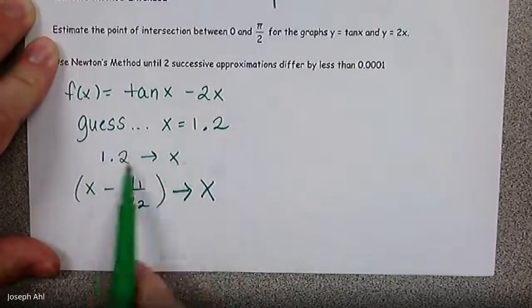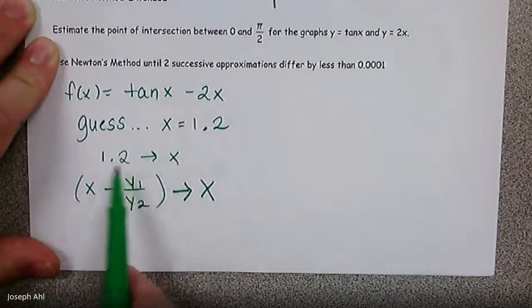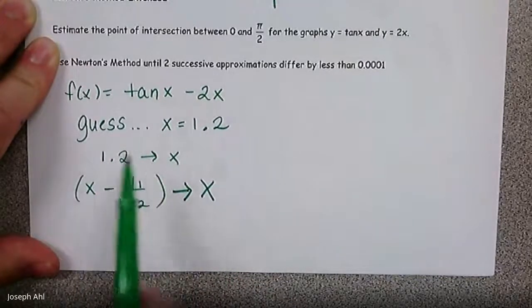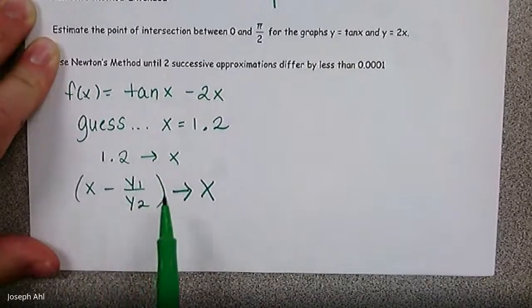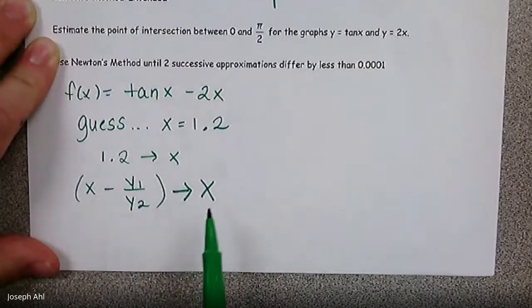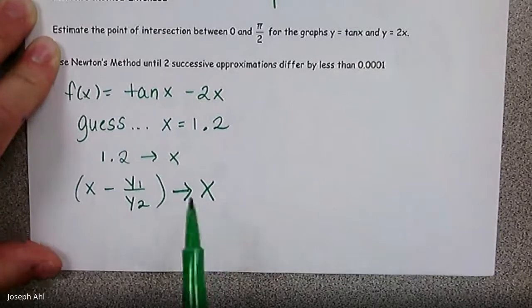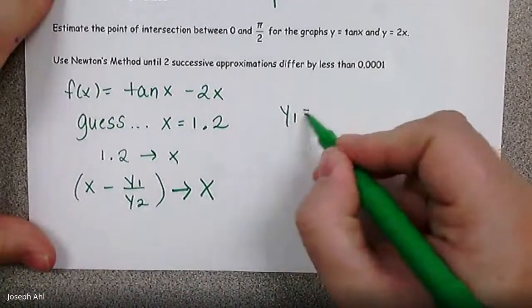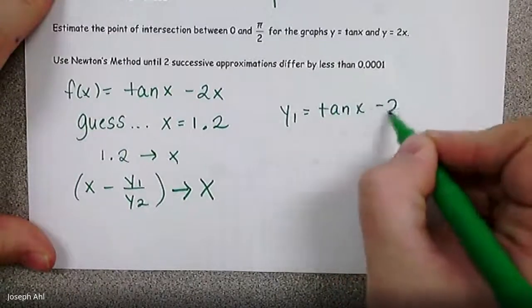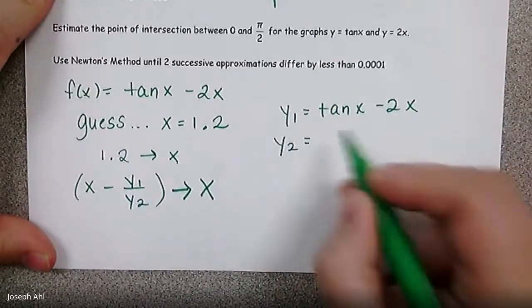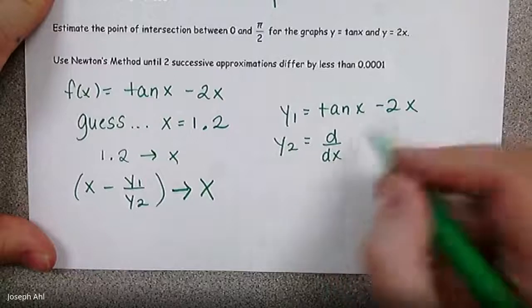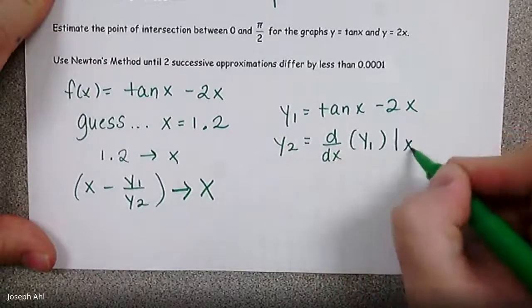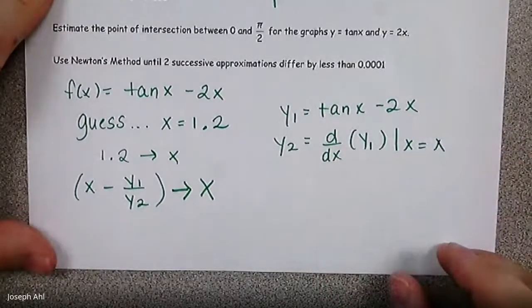So if you do this initial store function of your initial guess, you can then take each of these calculations that we were doing, store those in x, and I'll show you how the calculator steps get much, much easier. But remember, in y1 you're typing in tan x minus 2x. In y2, you need the derivative with respect to x of y1 at x equals x.